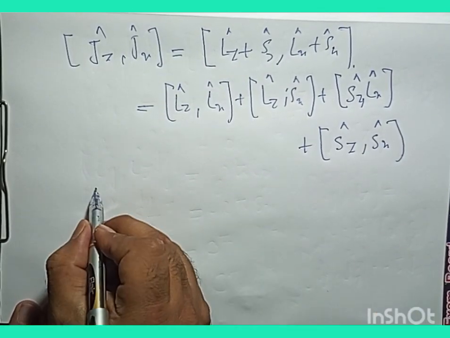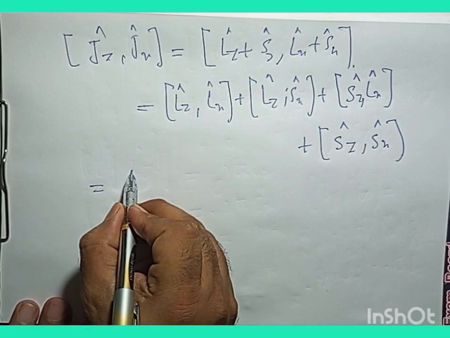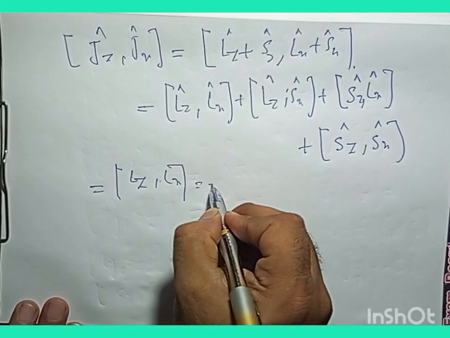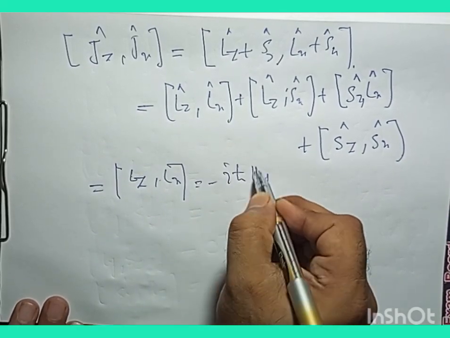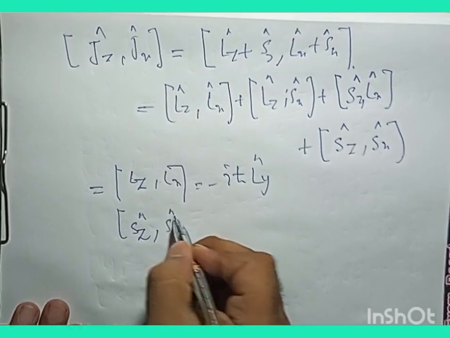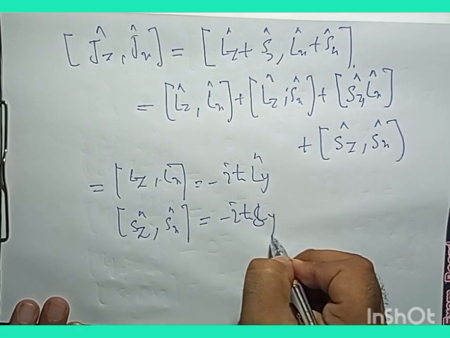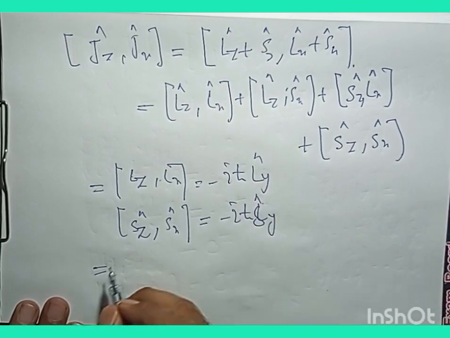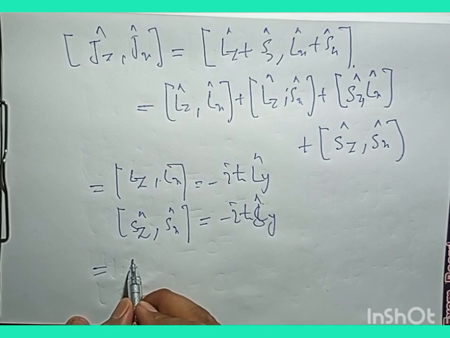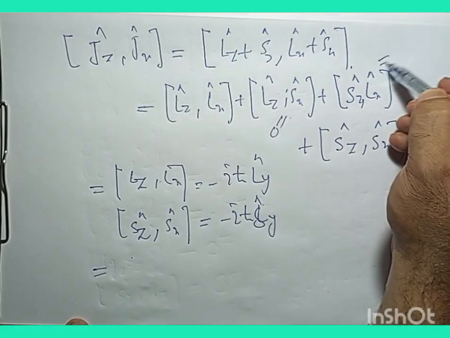All right, and again here we can use the commutations for the orbital angular momentum. That we have is Lz, Lx. This commutation will give us minus iħ Ly cap. And similarly Sz cap and Sx cap will give us minus iħ Sy cap. And Lz cap, Sx cap, they commute, so this is 0, this is also 0.